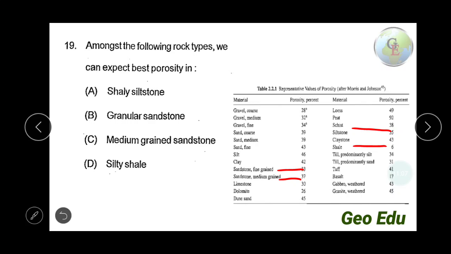As you can see, with increasing grain size, the porosity also increases. Granular sandstone consists of granule size grains, that is 2 to 4 mm in diameter. As the grain size is more, it will be more than medium grain sandstone, that is more than 37. So the best porosity will be in granular sandstone.